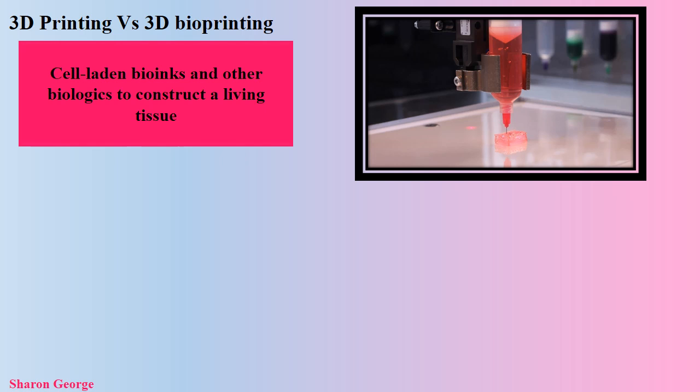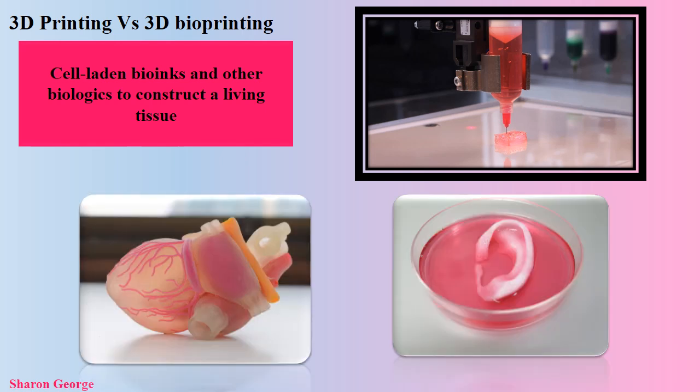But 3D bioprinting involves the use of cell-aided bio-ink and other biologics, which are used to construct living tissues. But 3D printing technology does not use any cells or biologics. Okay, so this is the major difference between 3D printing and 3D bioprinting.